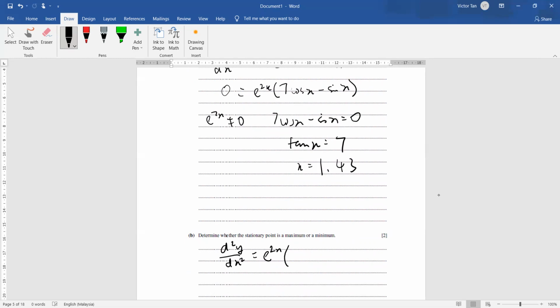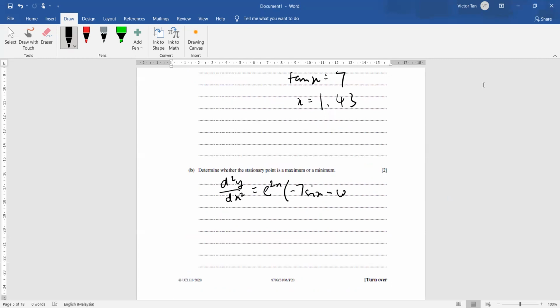So d2y/dx2 equals e to the power of 2x times (minus 7 sin x minus cos x), plus 2e to the power of 2x times (7 cos x minus sin x). So you have e to the power of 2x times (minus 7 and minus 2, so minus 9 sin x, minus cos x plus 14 cos x, plus 13 cos x).